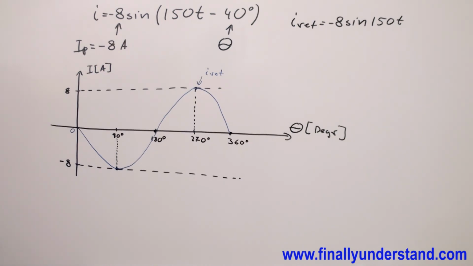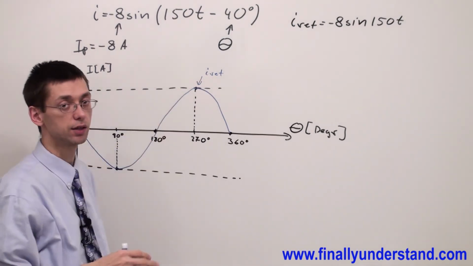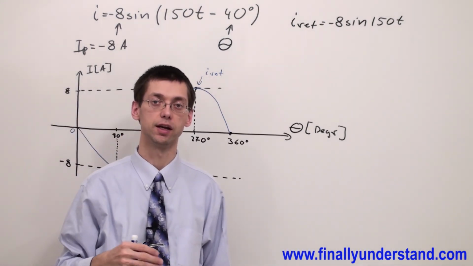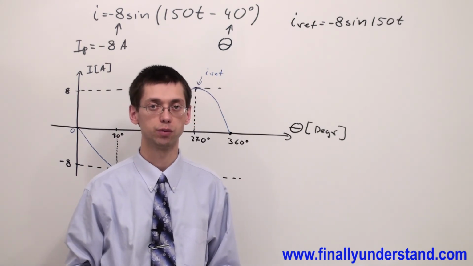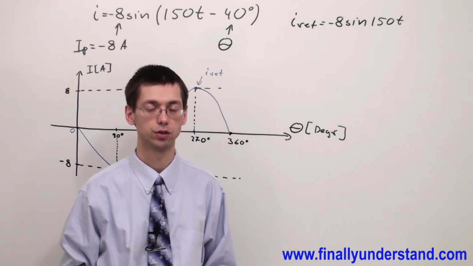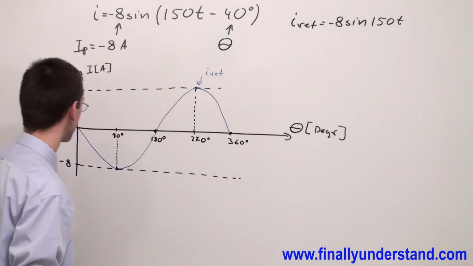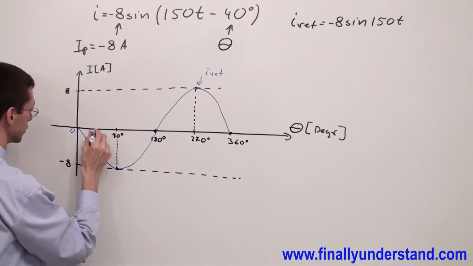Why is it moved to the right side? Because I have negative sign. You have to keep in mind that anytime you are going to have negative sign next to the phase shift angle, means your wave has to be moved to the right side, no matter if this is cosine wave or this is sine wave. So I have to find approximately 40 degrees.